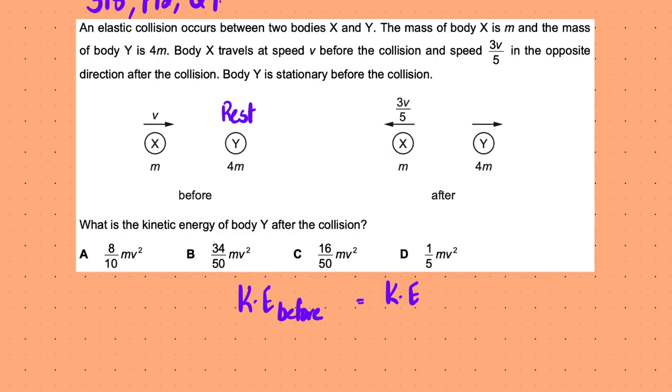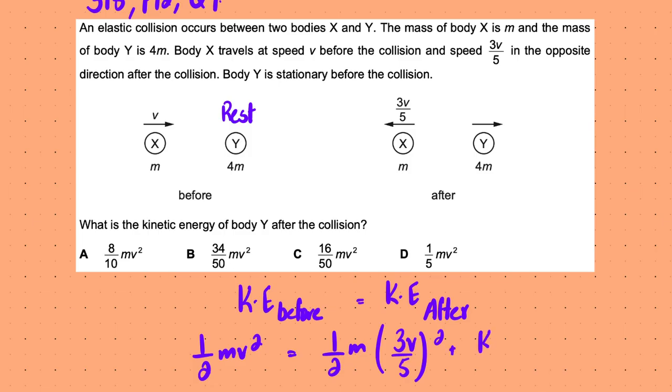What's the kinetic energy before? That's just half m v squared. Kinetic energy after would be half m times (3v by 5) squared plus the kinetic energy of y, which is what I need to find out.